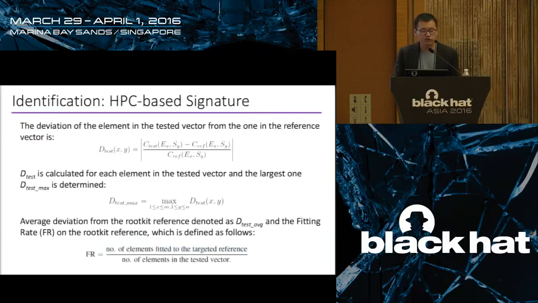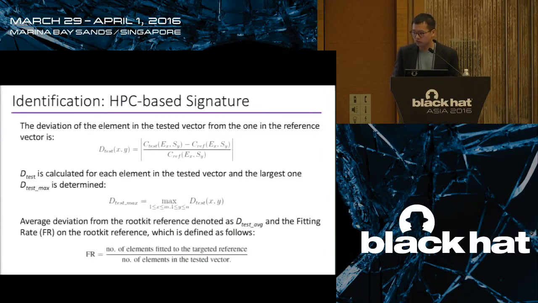Then we use similar metrics to try to identify the malware. The first equation is similar to what I showed earlier. It's a deviation equation. The second one, d-test underscore max, is that when we run a number of tests, we don't compute the average, we find the max deviation value, right?